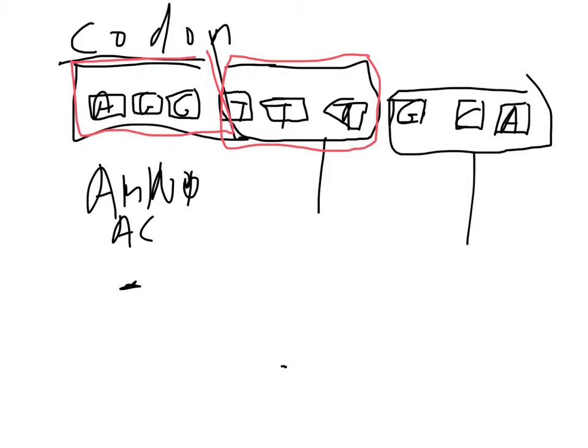If we were to actually start instead right here, let's say we had a mutation, then we'd end up with a different amino acid or maybe a stop codon. And probably everything downstream of this would all be gobbledygook.